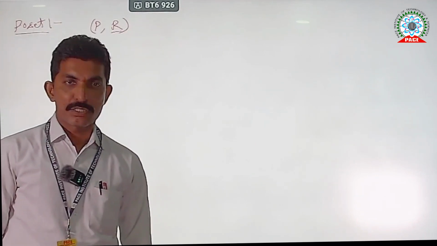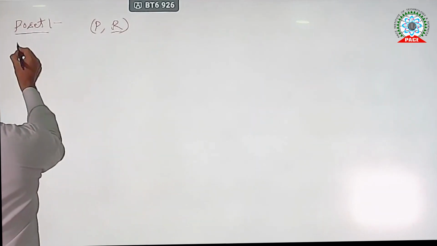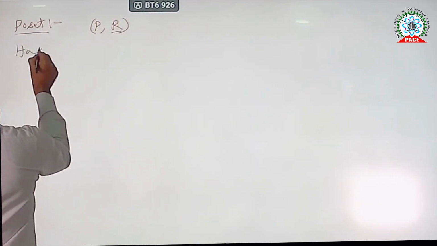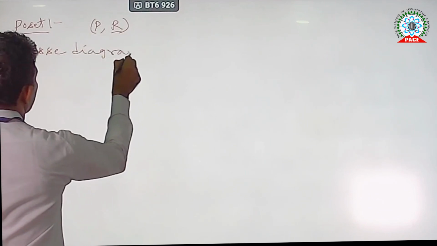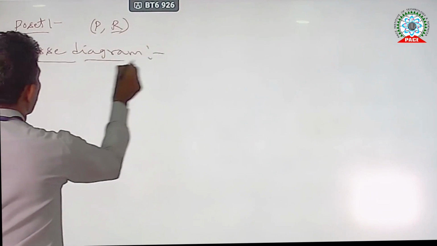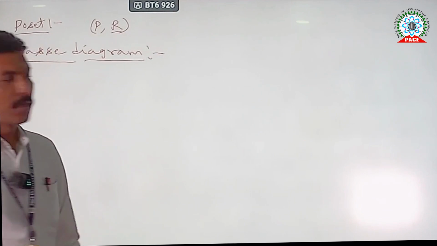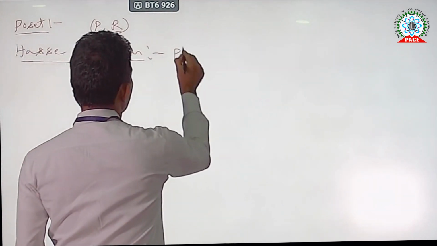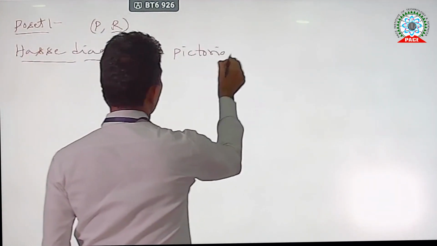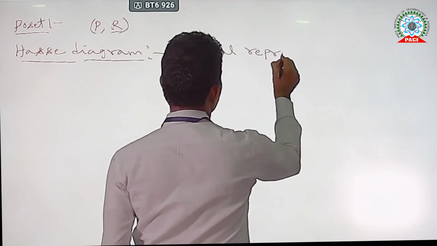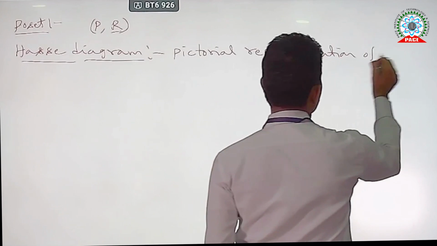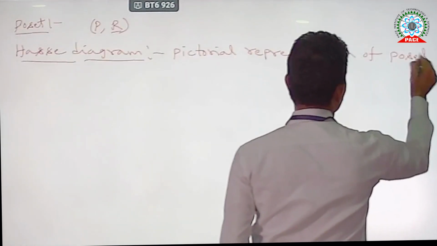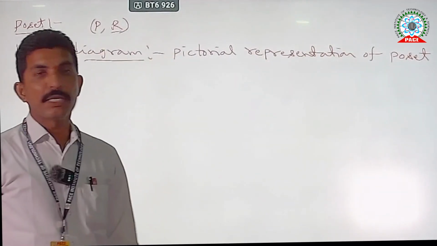So next one is the Hasse diagram. A Hasse diagram is a pictorial representation of a poset.